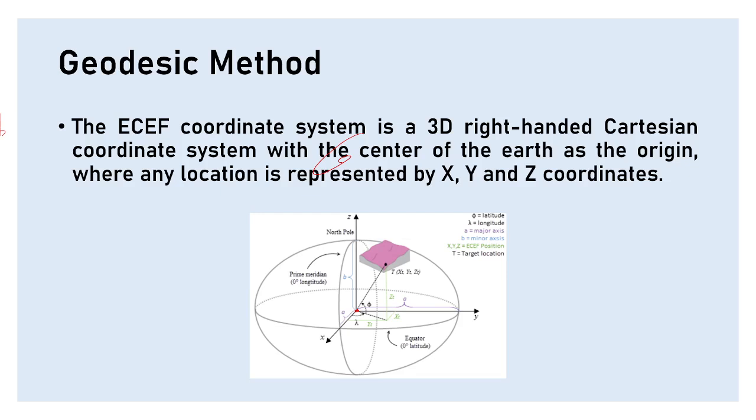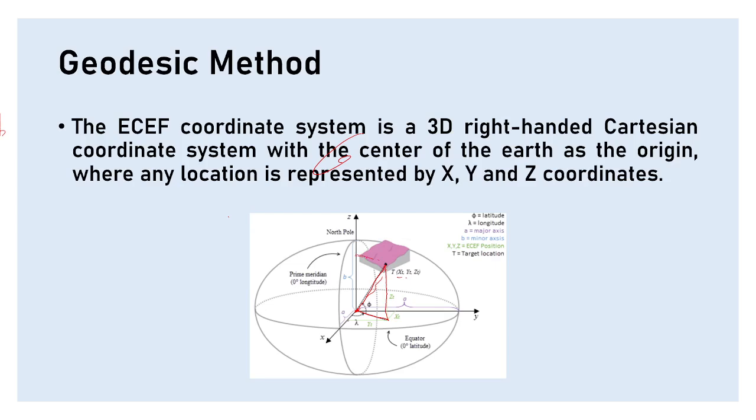So for example, this T is a target location on the surface. You measure from the origin how far it is. So you have the x value for that, the y value, and the z value, something like this.